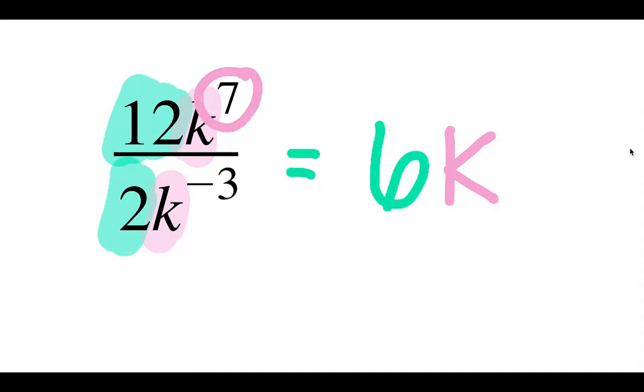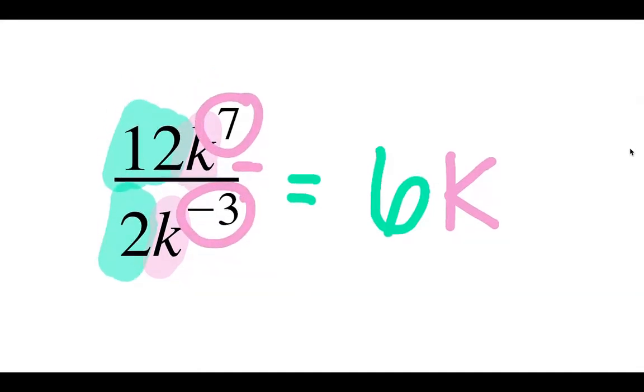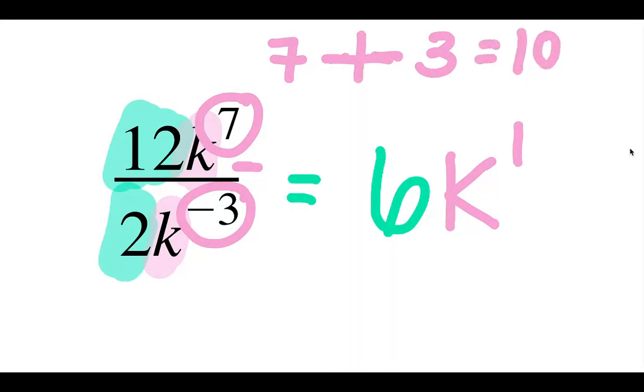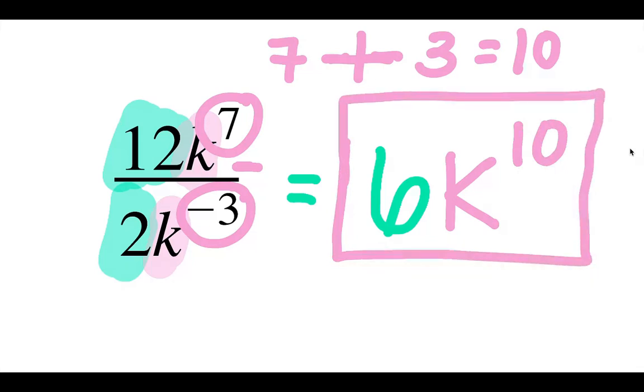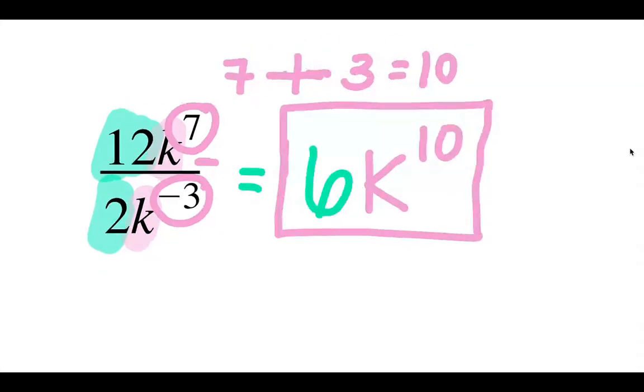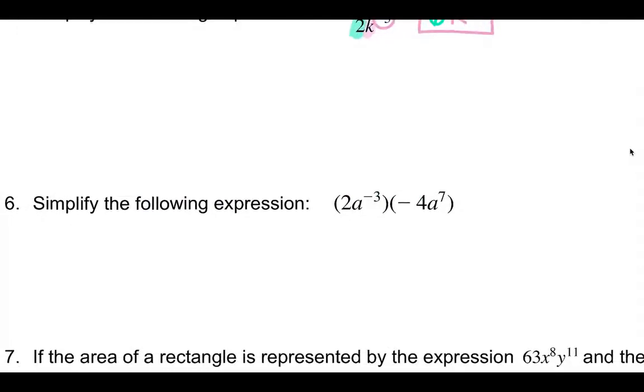So it's 7 minus negative 3. And remember, when we have 7 minus a negative, this is really going to turn into a plus. So it's 10. So it's 6k to the 10th power. Just following all those rules.